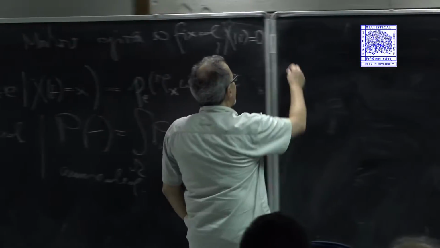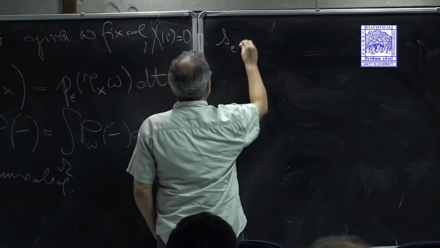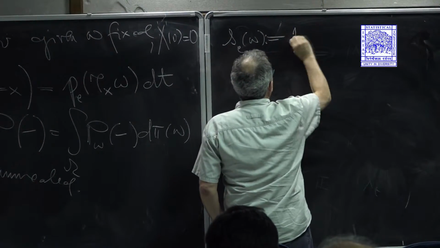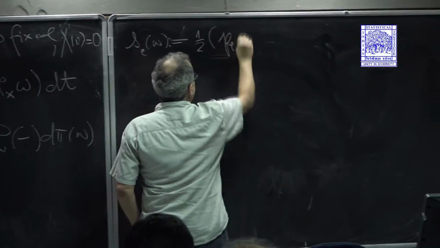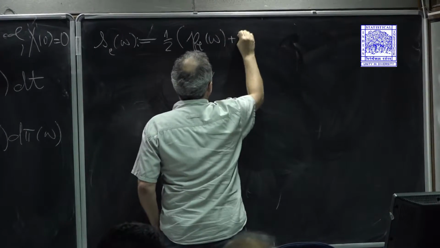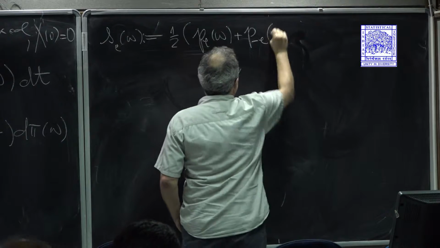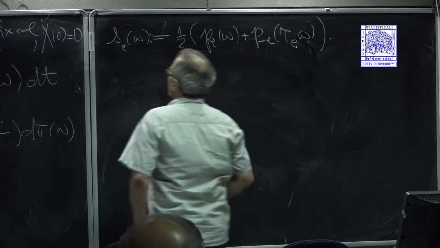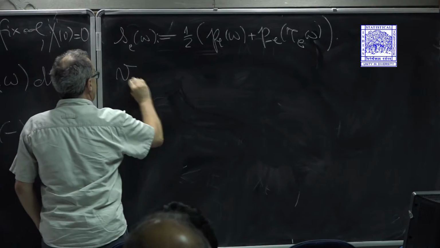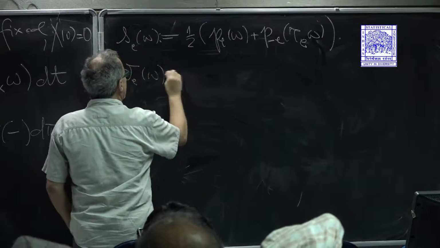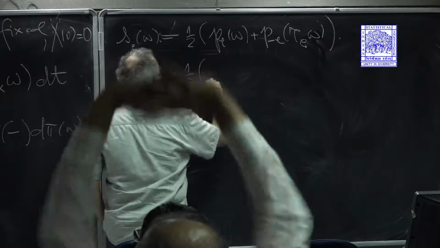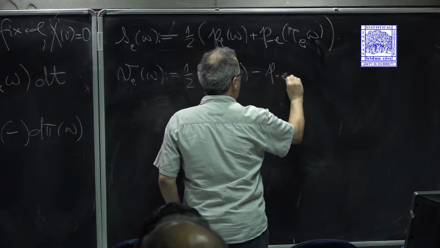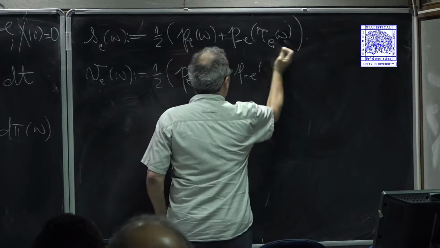I will call S_e of omega one half of P_e of omega plus P_{-e} of tau_e omega, and I will call V_e of omega one half of P_e of omega minus P_{-e} of tau_e omega.